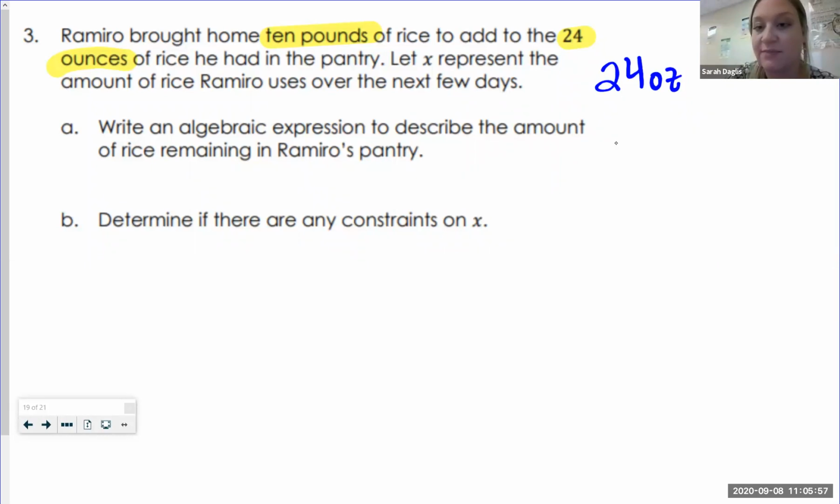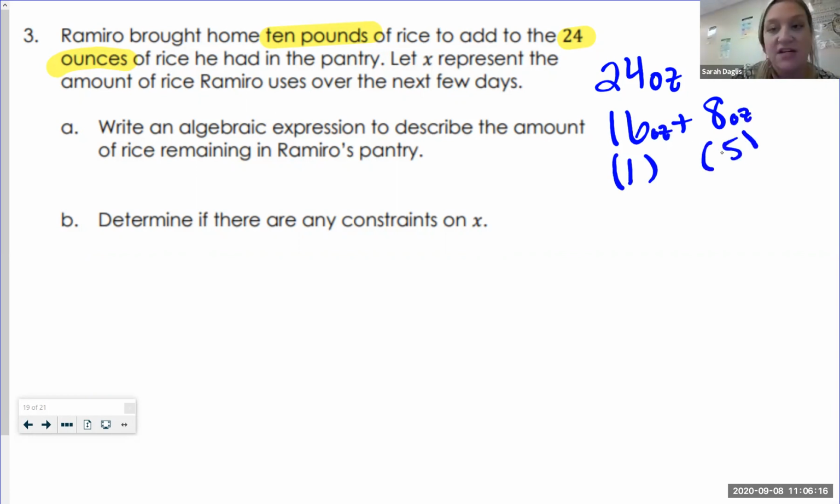So I could separate this to be 16, and then I have 8 left over. This 16 ounces is going to be 1 pound, and the 8 ounces, well, that's half of 16, so that is going to be half a pound. So 24 ounces is the same thing as saying 1.5 pounds.